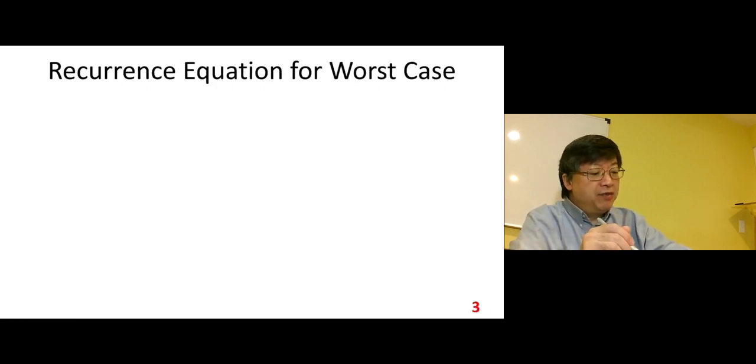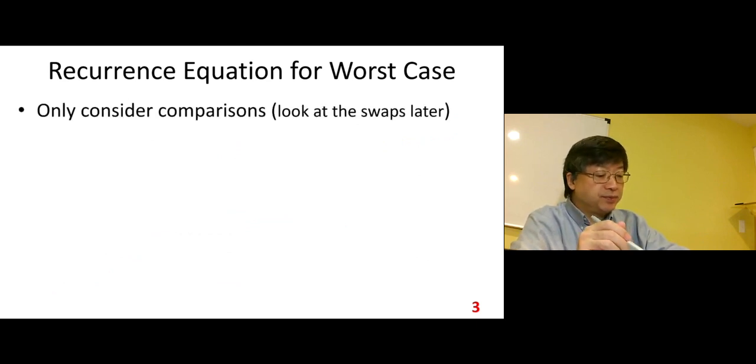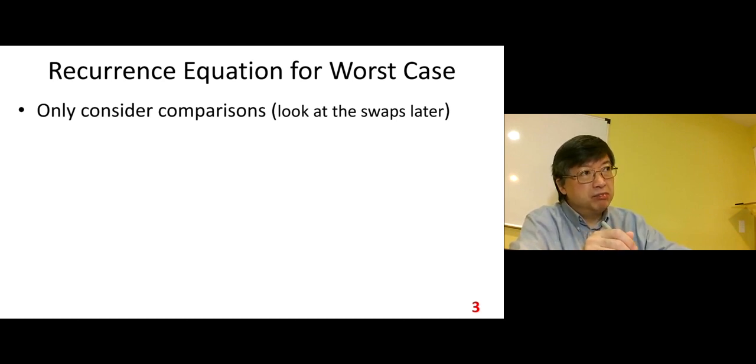Now let's derive the recurrence equation for the worst case. Here we only consider comparisons. The swap operation is much more complicated, so let us delay the discussion a little bit.